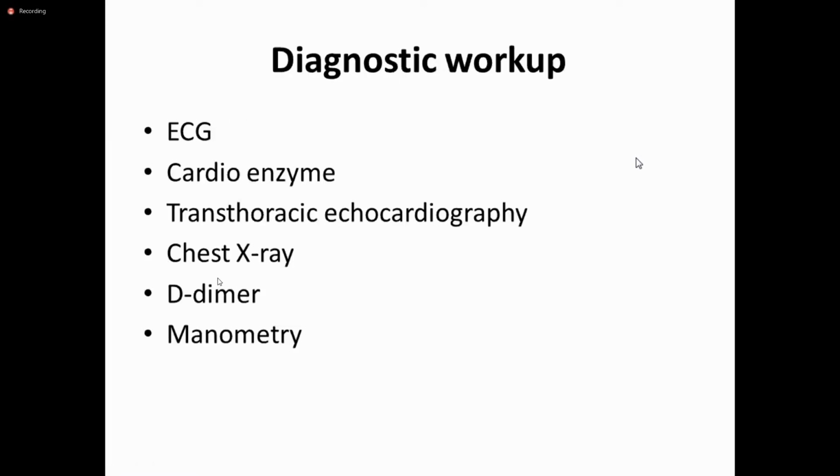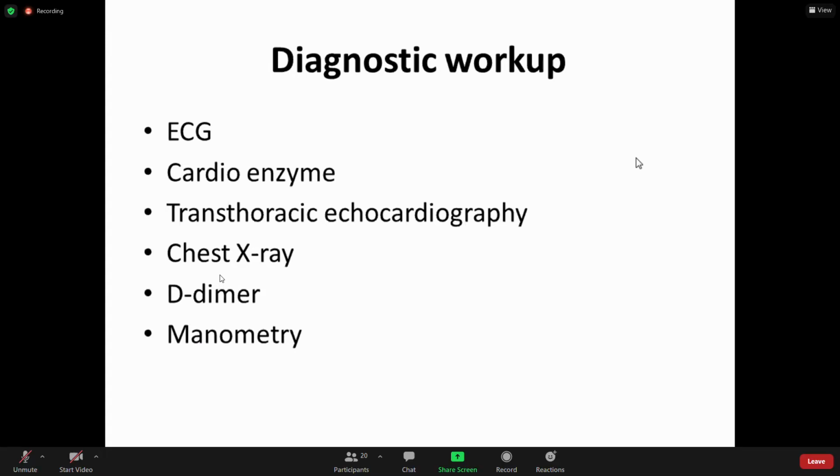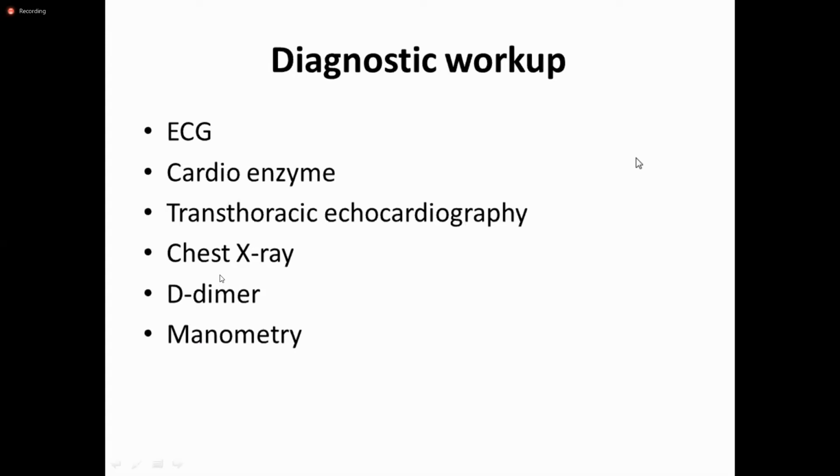So I ordered some diagnostic workup. The first is ECG and cardiac enzymes, just troponin T, plus thoracic echocardiography, chest X-ray, D-dimer to rule out PE, and manometry to rule out GERD.